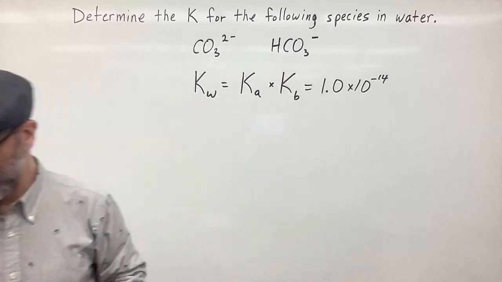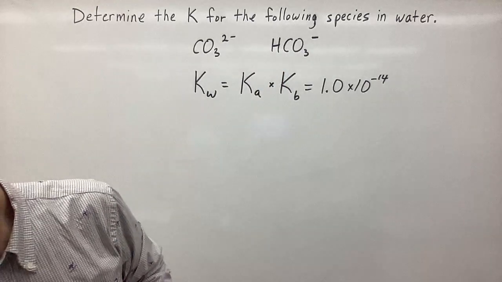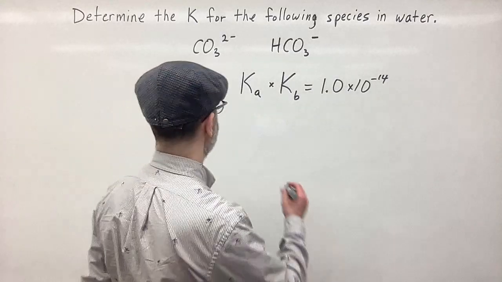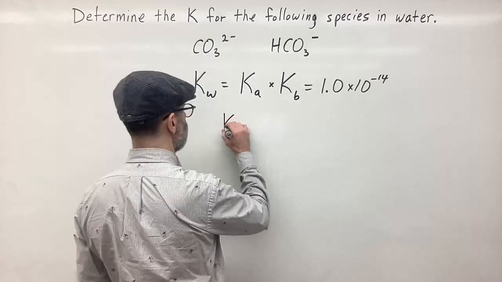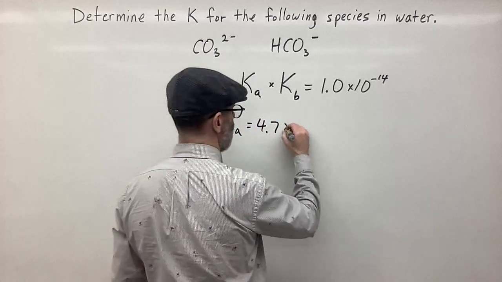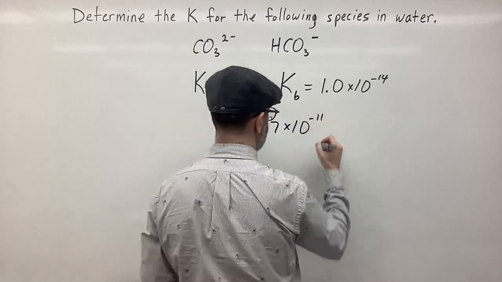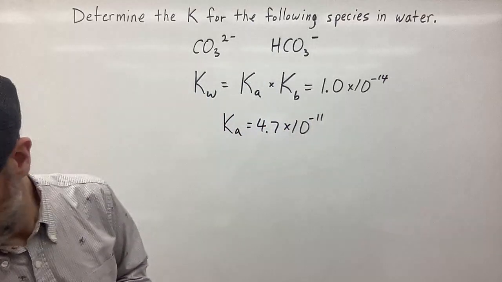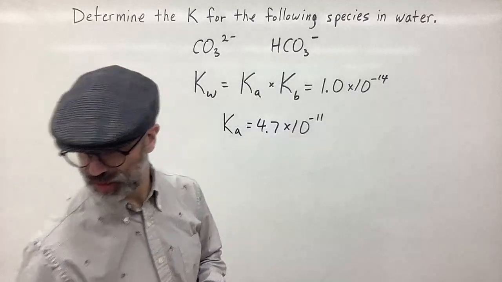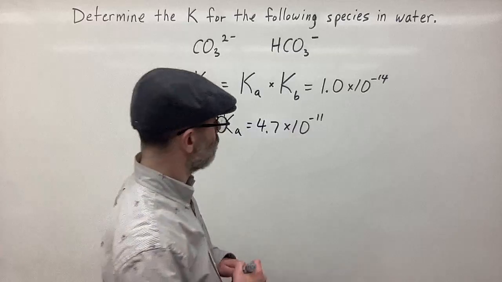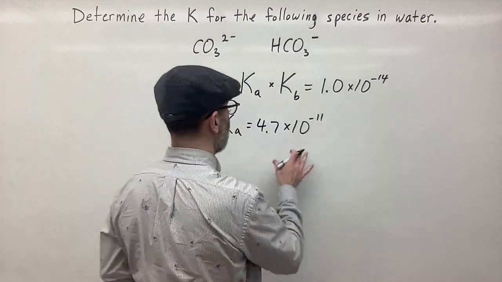And when we look that up, we get a Ka of 4.7 times 10 to the negative 11. Let me double check that. So we have, yes, 4.7 times 10 to the negative 11. Okay, so we have the Ka value.